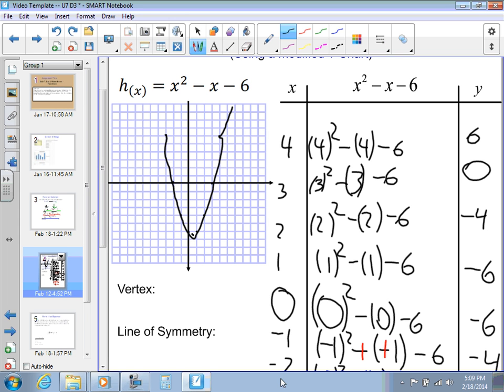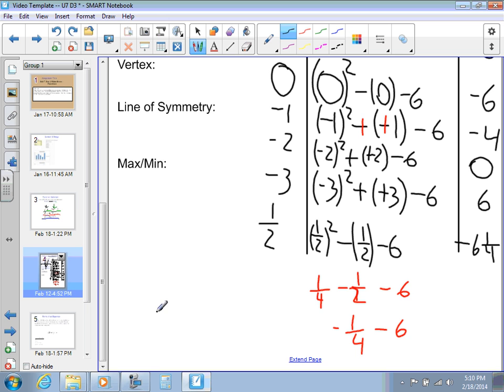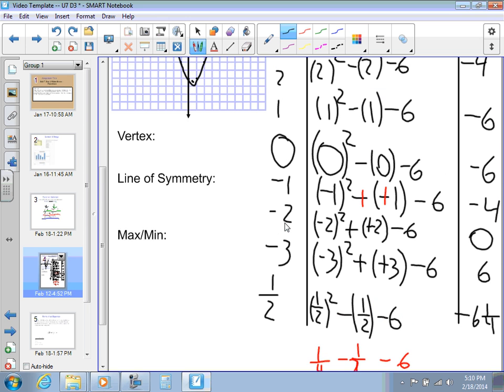Okay, so this should be a smooth sort of U-shaped parabola. Now, let's see what we have here. We have a vertex. That's this point at the bottom where we change directions. Well, where does that happen at? That happens down here at this function that we found that was right in the middle of the symmetry.